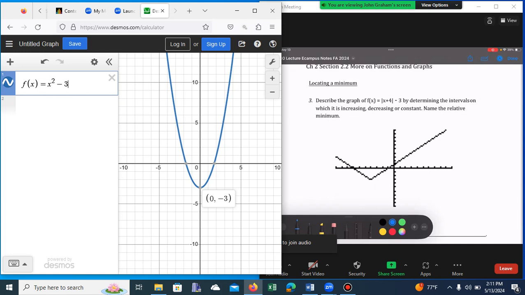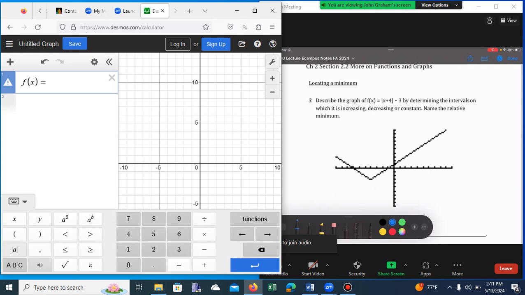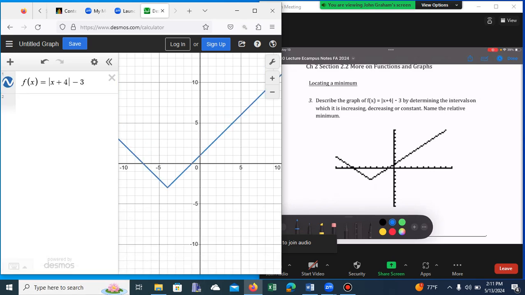Right, so let's look at f of x equals absolute value of x plus 4 minus 3. So do absolute value, click on that, x plus 4, and then minus 3 is outside of the absolute value sign. And so absolute value always has that V shape to it. So that's -4, -3.